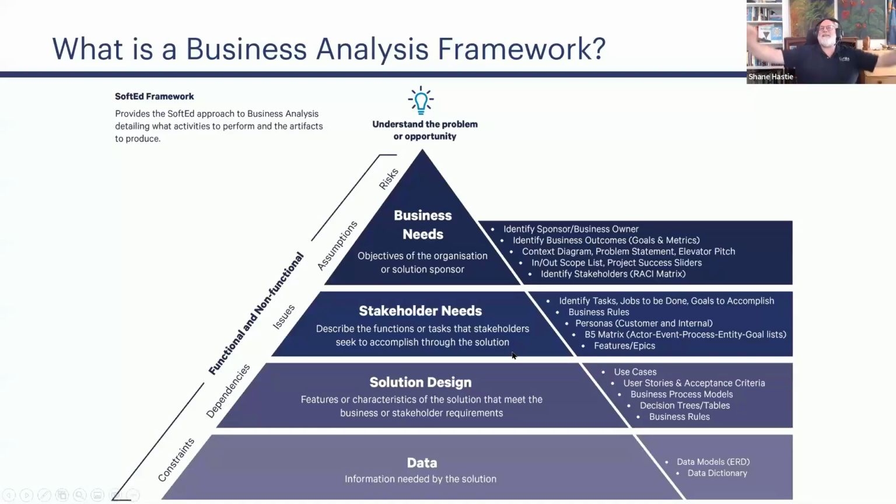So what is in a business analysis framework? And this is one that we teach in a number of these software business analysis classes.